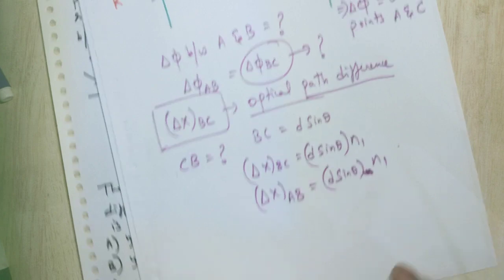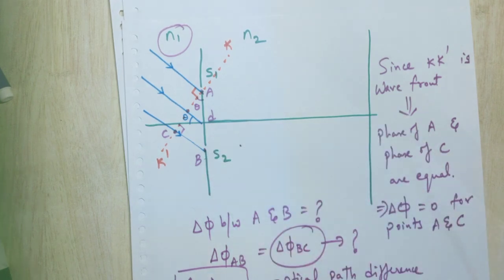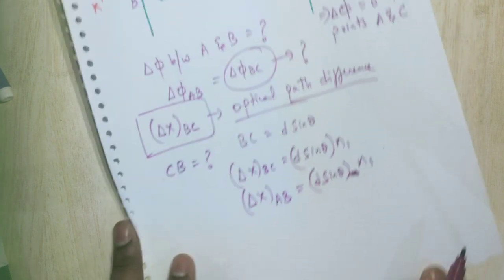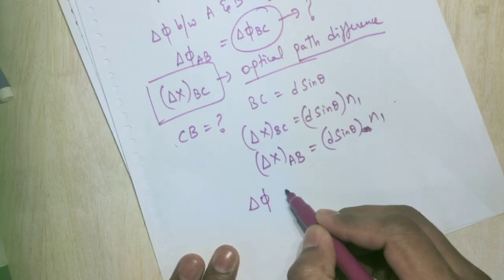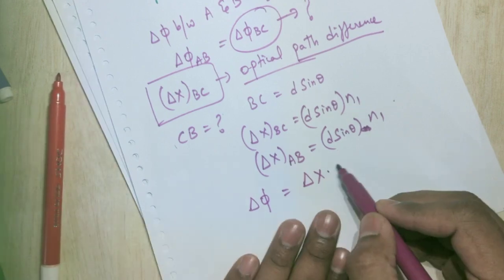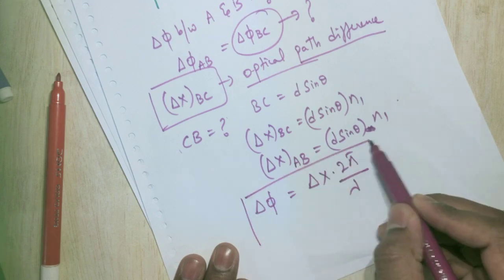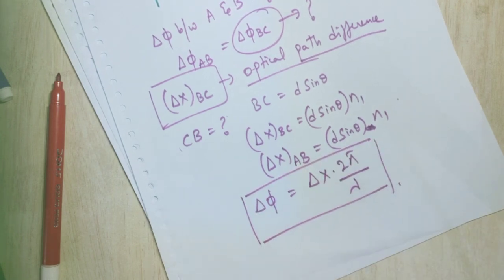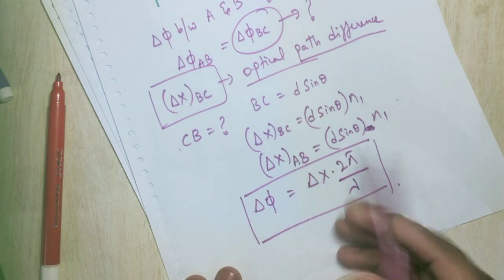Now we got the path difference between A and B. Now let us find out the phase difference between A and B. You know the relation: phase difference is equal to path difference into 2 pi by lambda. This is the relation between phase difference and path difference.